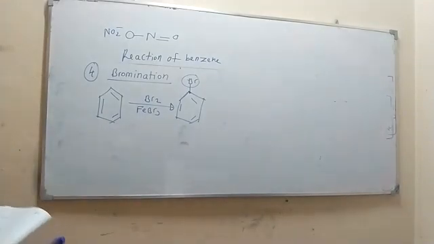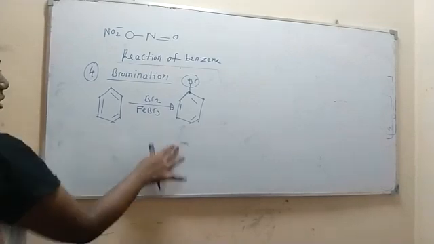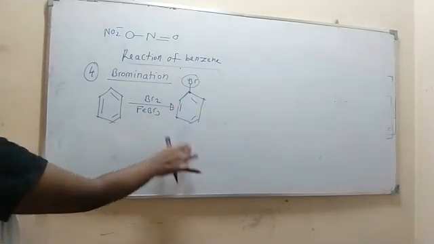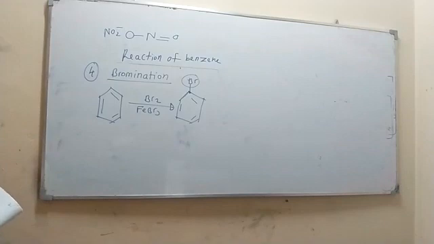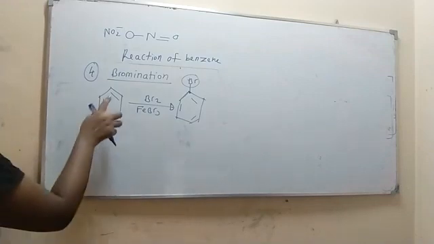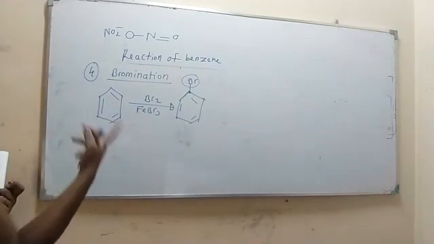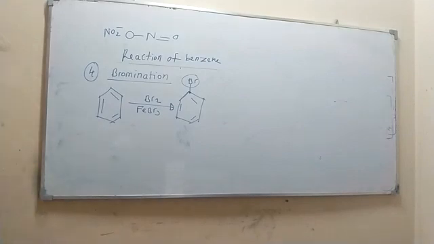Electrophile means it is searching for electrons: Br plus, Cl plus, E plus. That's why it is going with the benzene. Benzene is rich in electrons. It has pi bonds moving, and delocalization properties also.